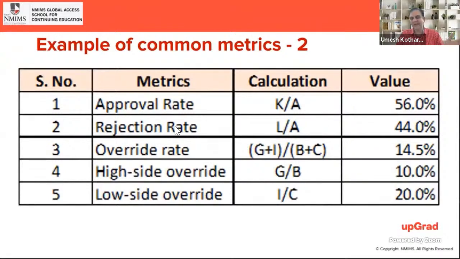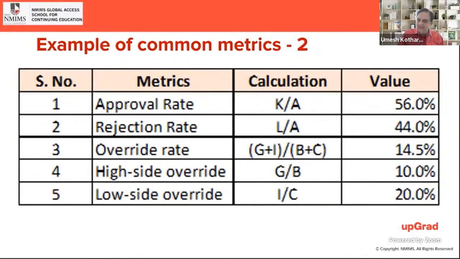A 56% rejection rate, in a sense, is a no-brainer. It is 100 minus that, but nevertheless a metric. Override rates, high override rates and low override rates are the metrics out of a model that you want to look at to know the efficacy of the model. Approval rates should usually be higher, more than 51%. Rejection rates cannot be higher, and that's a short-term indicator.